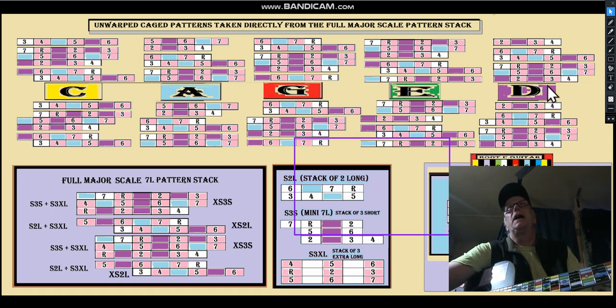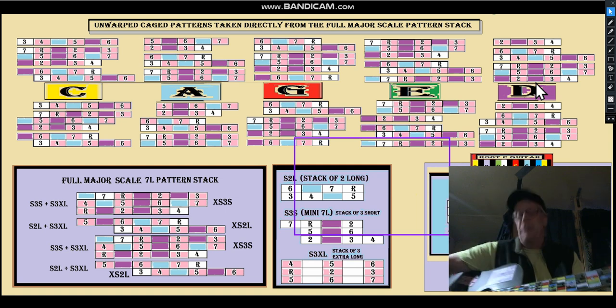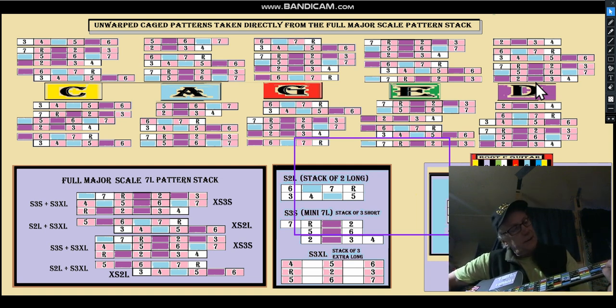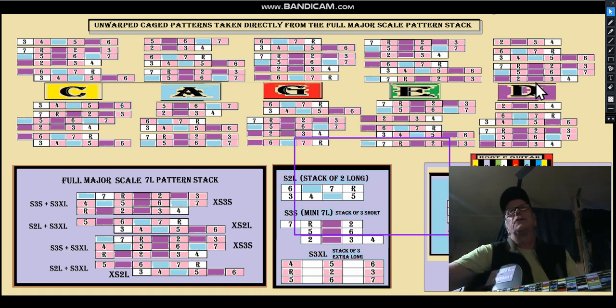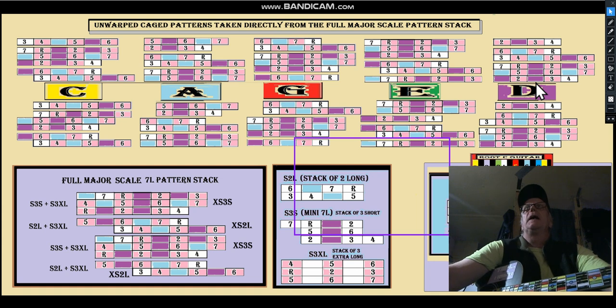D. Now we're really not just talking D shape. We're talking real D, like F sharp D. Now, what are we talking about? This is the pure pattern.